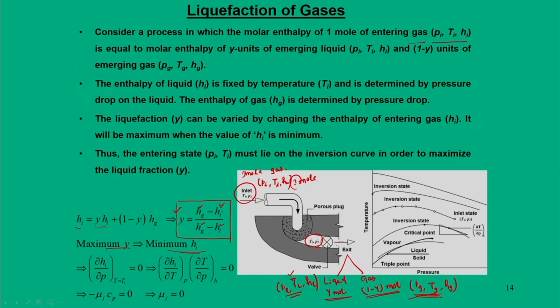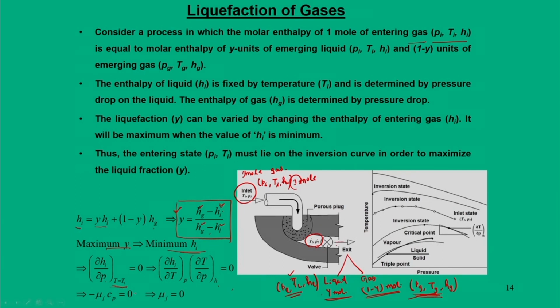Then one condition you can impose, because in this process we are regulating the pressure at the initial condition, is that dHi by dP at T equal to Ti should be equal to 0. Now, this can be expanded as dH by dT into dT by dP equal to 0, and through the cyclic relation between H, P and T, and by definition, it becomes minus mu_J into Cp equal to 0.